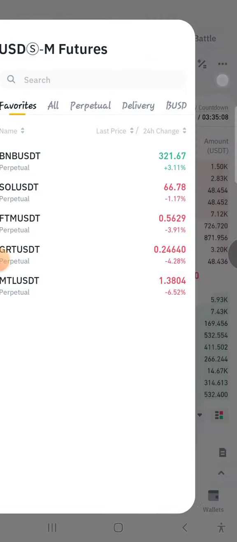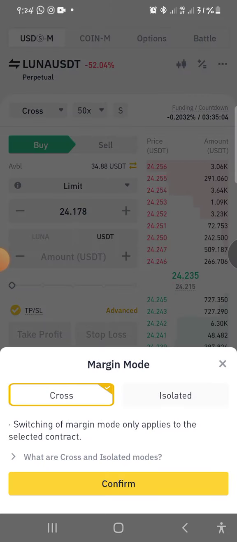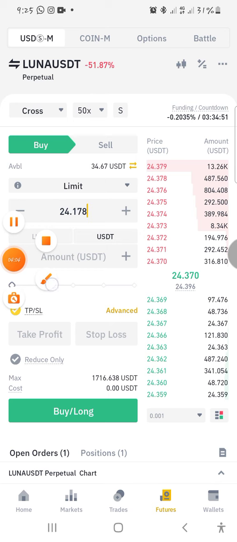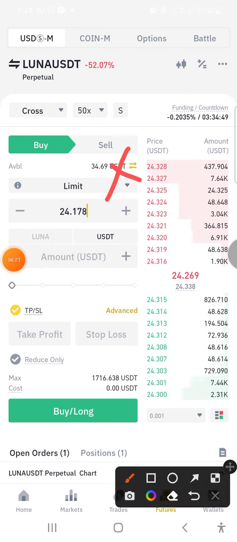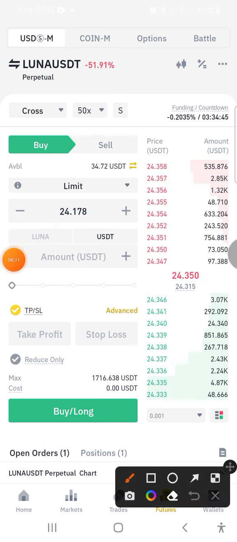After you click the coin, what does this cross mean? This cross means whenever you are taking a trade and you are in a loss, if the market has not hit your stop loss, it will continue removing money from your balance here. You can see now. That is just the way it is. It will continue removing money from your balance.